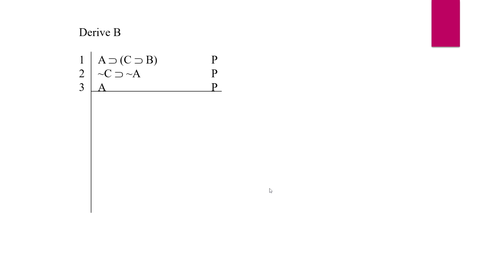Here we have if A, then if C, then B. We have if not C, then not A. And we have A. There are a couple of ways that we can do this problem with the shortcut rules, with the rules of replacement.